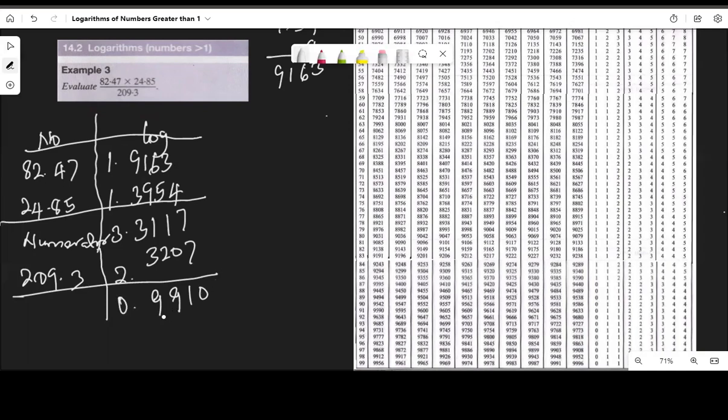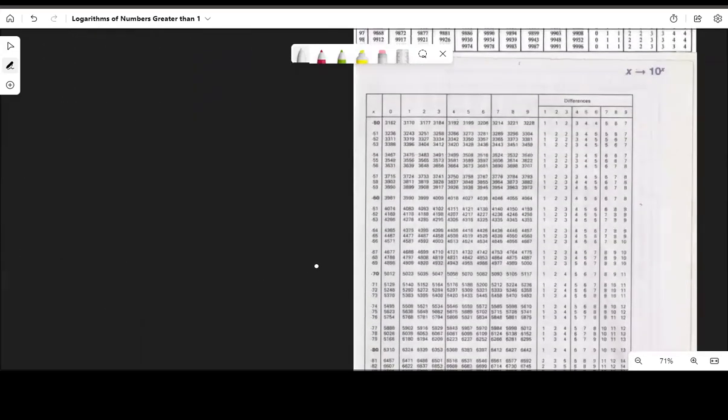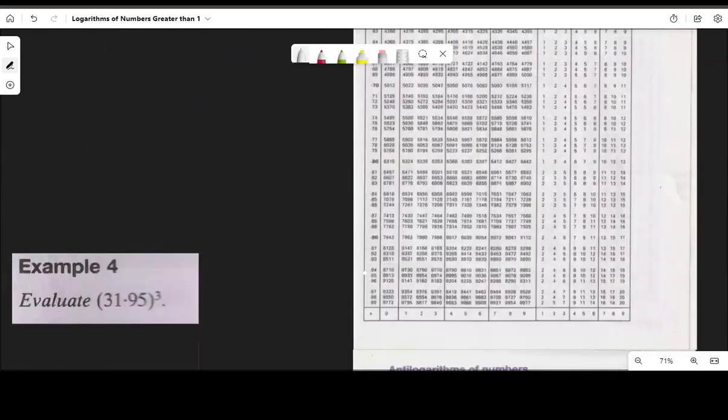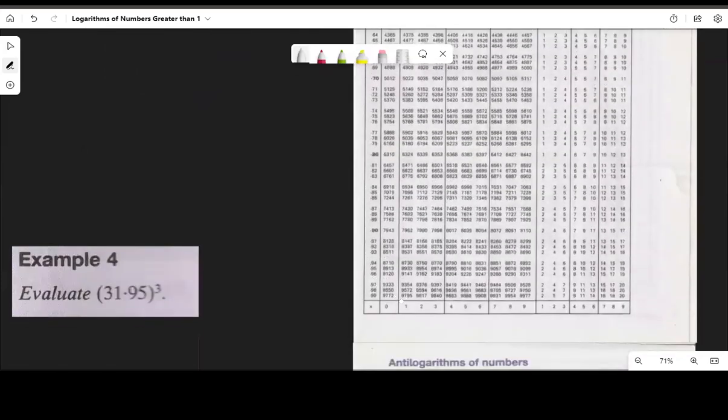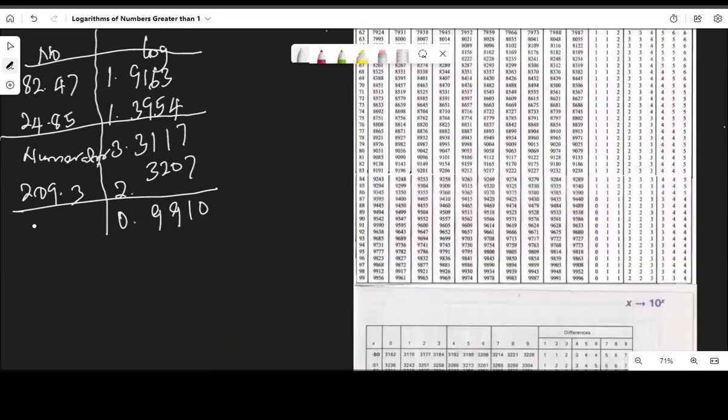So now we look for antilog of 99 under 1. Here is the table of antilog. 99 under 1 is 9795. So we are going to add 1 to this. Remember, when we're looking for the logarithm, we subtract 1.